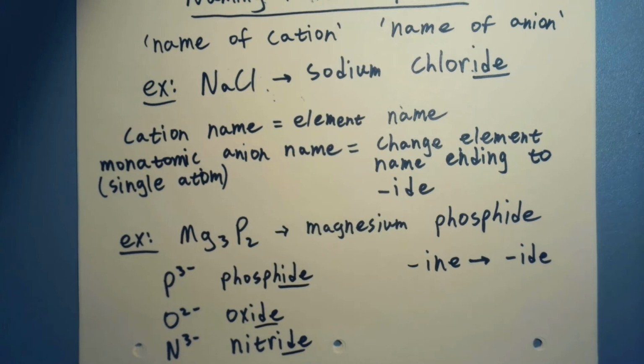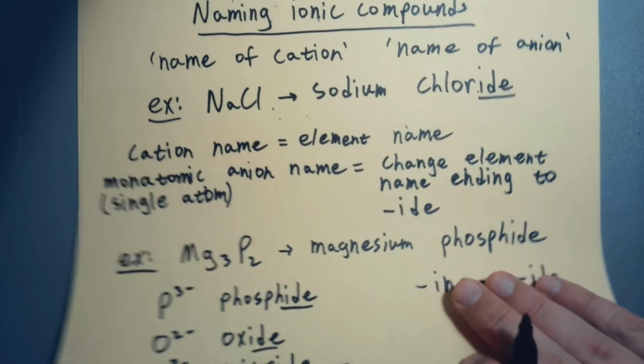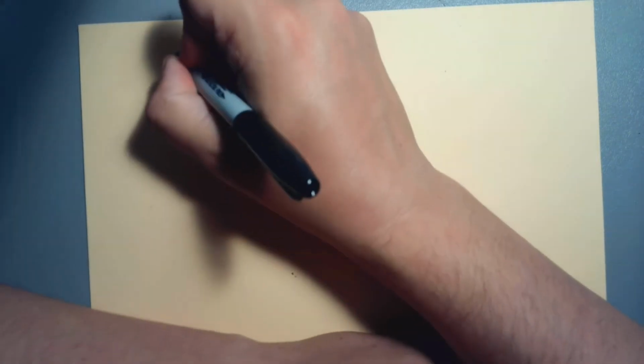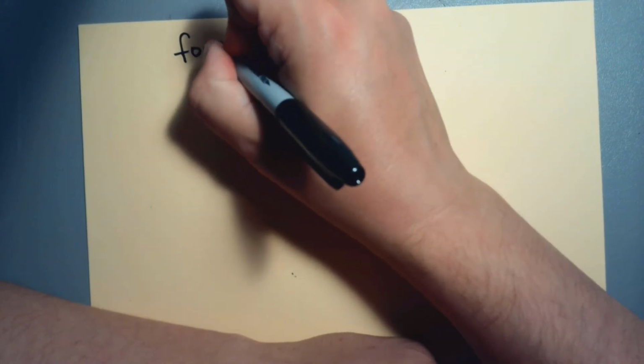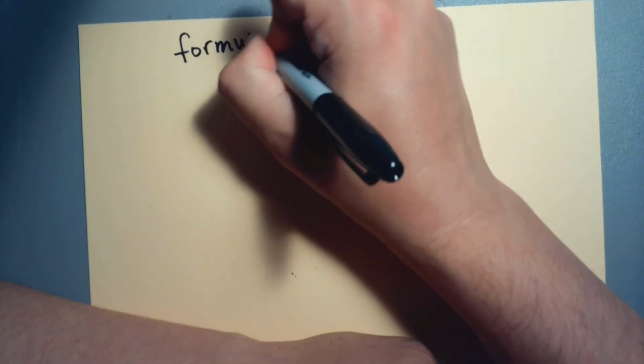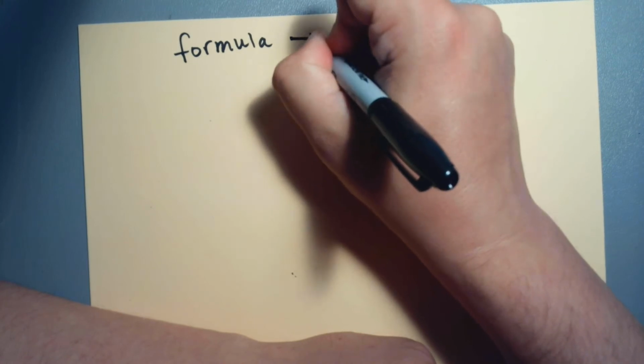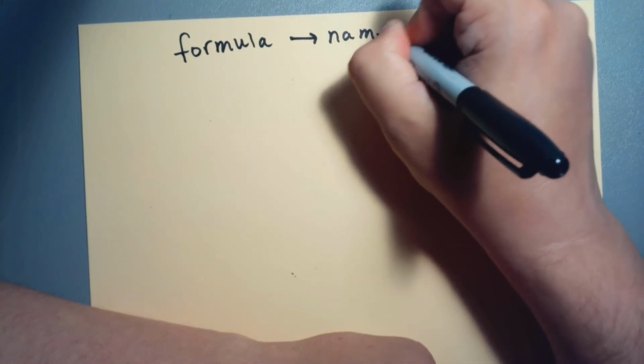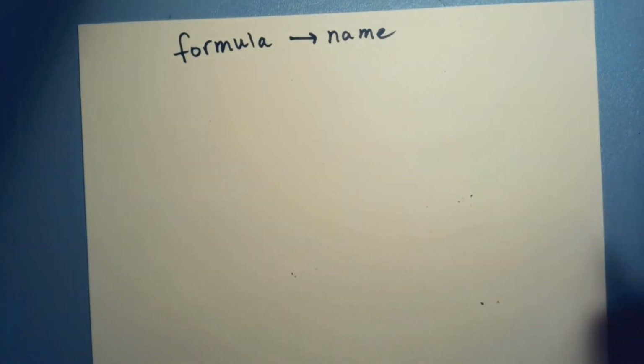Be aware. Alright, so there's another thing we can do now. We can fold the idea of this video in with the last one. And so what I've been doing thus far in this video is I've taken a formula and I've given it a name. But we can do the opposite, right?